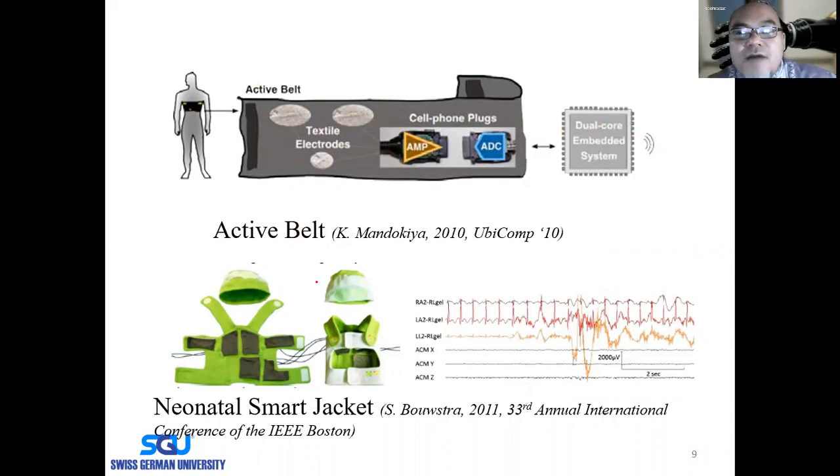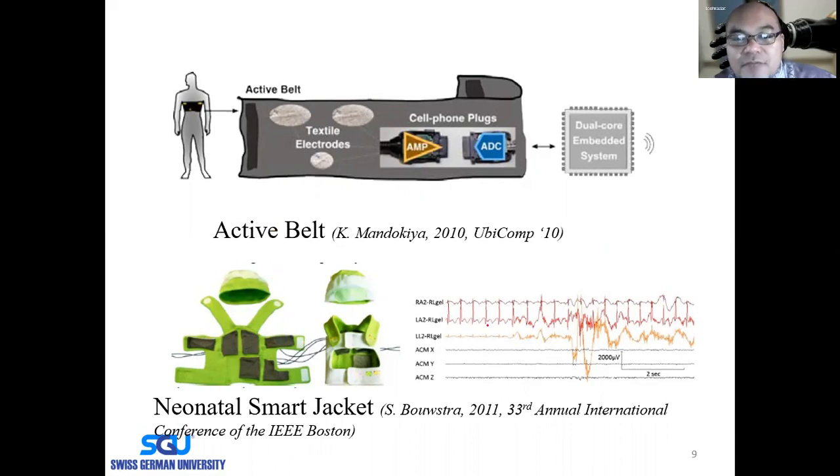This is one form of this active belt, but implemented for babies: a neonatal smart jacket. It has this textile electrode here. The black part is the textile electrode. It also measures the EEG of the baby, in the form of this cap electrodes.